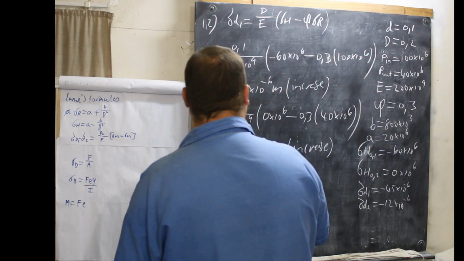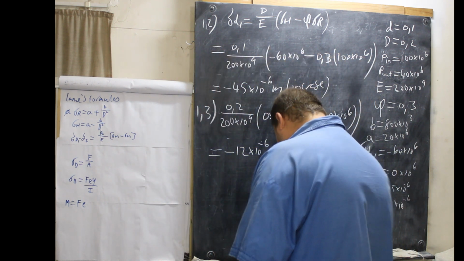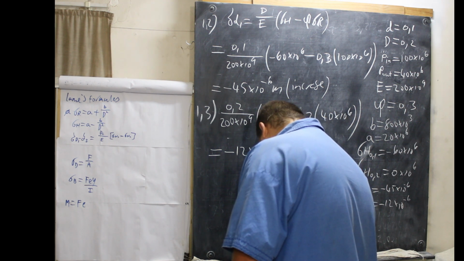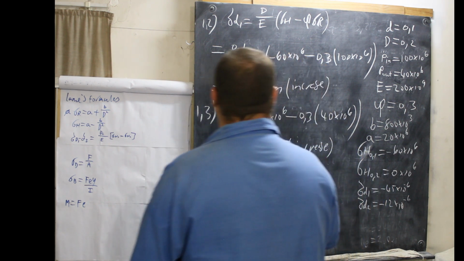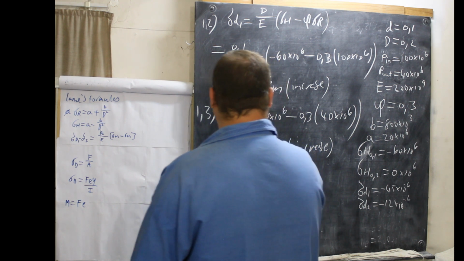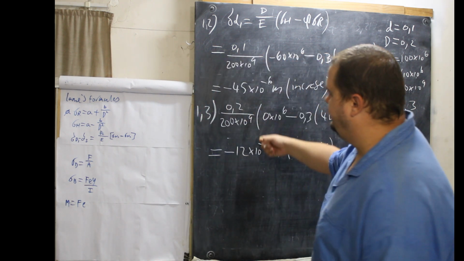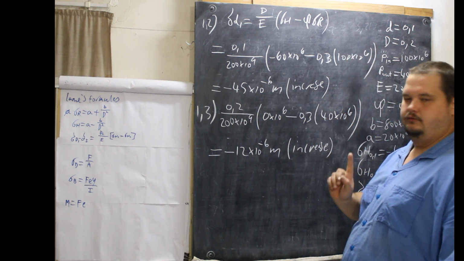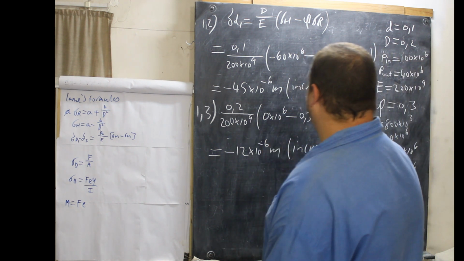Now they want both the resultant internal diameter and the resultant external diameter. These aren't the real diameters, these are just changes, and then all we do is turn them into millimeters.